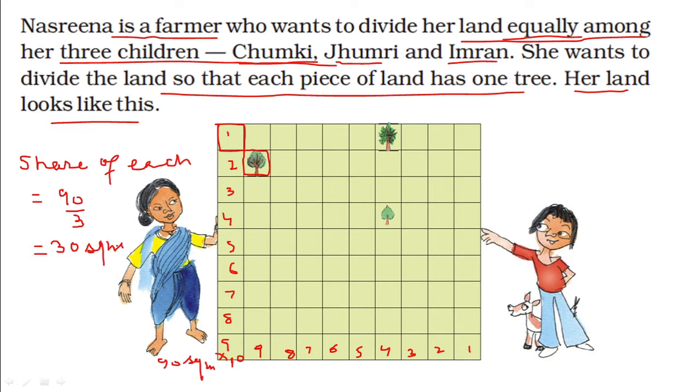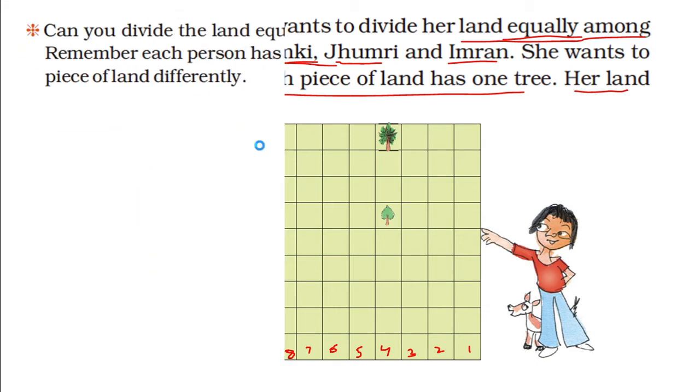So each child will get 30 square meter of land, means 30 squares, and 30 squares should be divided so that each field will get one tree. Okay, so share of each child is 30 square meter.